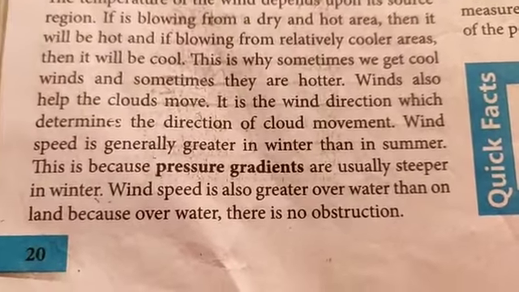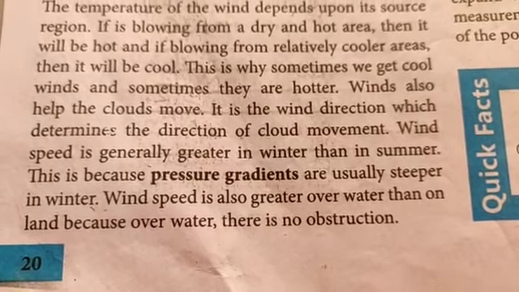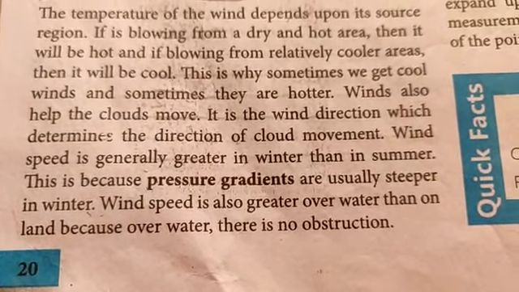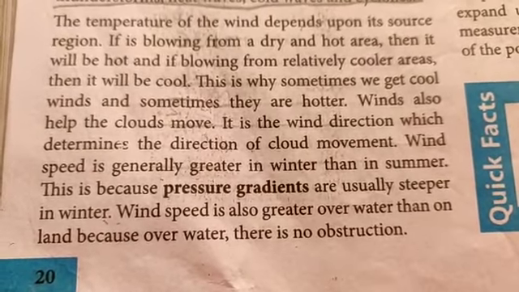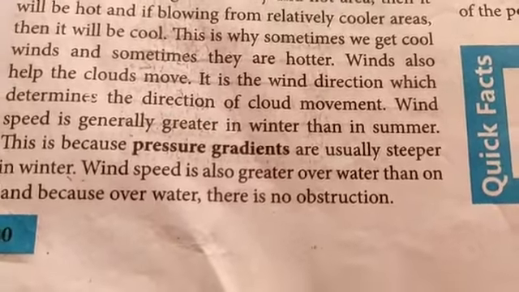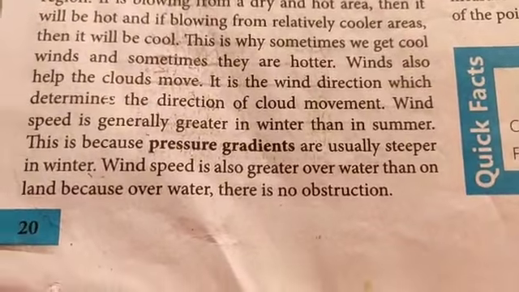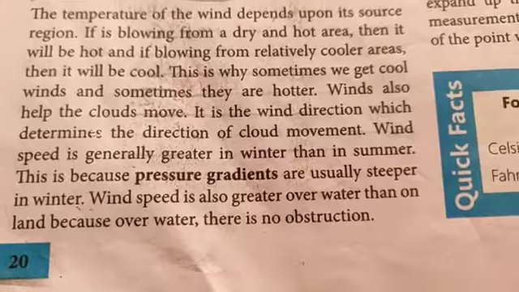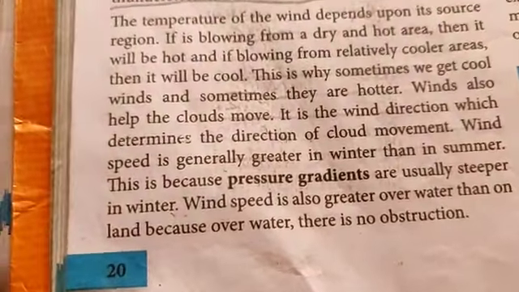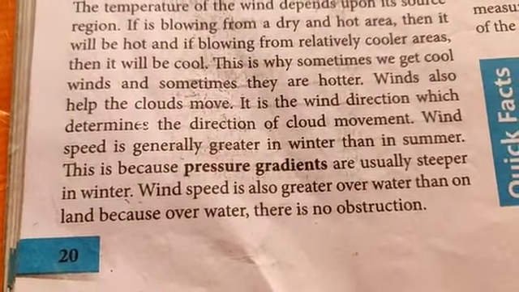Now wind speed is generally greater in winter than in summer. Why? Because of pressure gradients. What are pressure gradients? From a higher gradient or a higher altitude to a lower gradient, or vice versa, they are usually steeper in winter. So there is an extreme difference between the higher and the low gradients. Underline this.